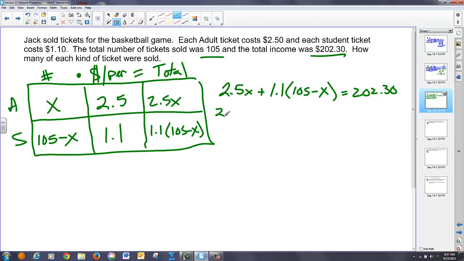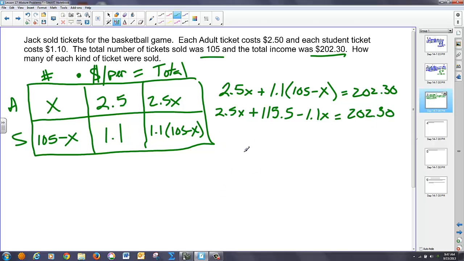I'm going to distribute. So I have 105 times 1.1 gives me 115.5, minus 1.1x, and yes, we are using decimals because that's how the problem started.